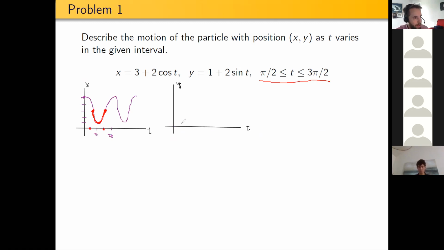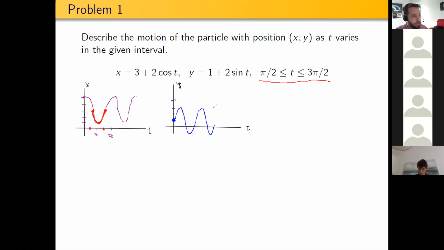Then 1 plus 2 sine of t would start up here at a height of 1. We just add 1 to everything, so it starts at 1 and then sweeps through the regular sine function, but with a height that's twice as big. And so we end up with something that looks like this.